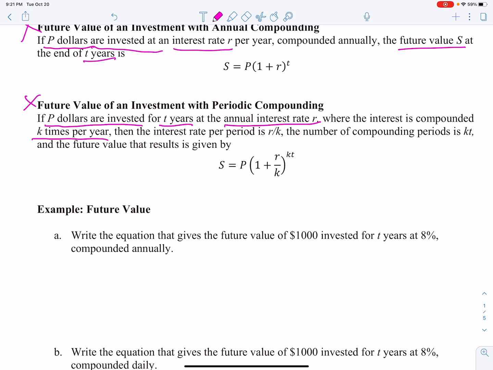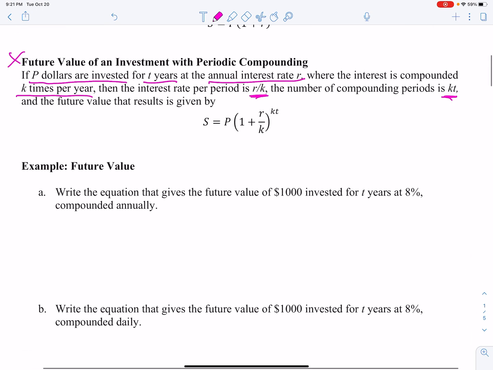Monthly would be 12 times a year. Daily, 365 times a year, etc. Then the interest rate per period is R divided by K, and the number of compounding periods is K times T. So you're going to plug all that stuff in. Let's do a couple examples using those two equations.